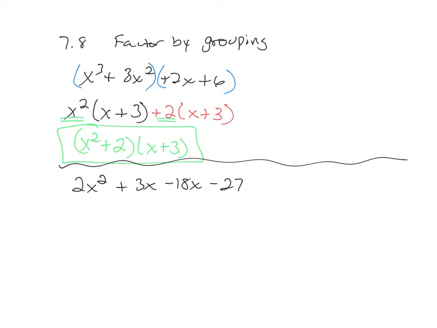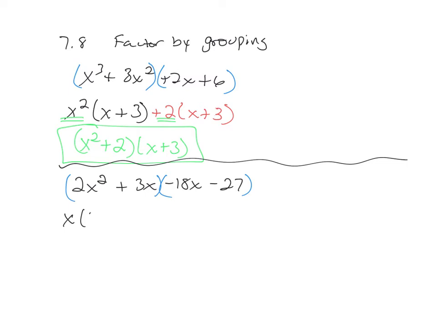Okay. So group the first 2, group the last 2. Okay, what's in common in the first one? 2 and 3, can't divide anything with 2 and 3, but they each have an x, so I can take out 1.